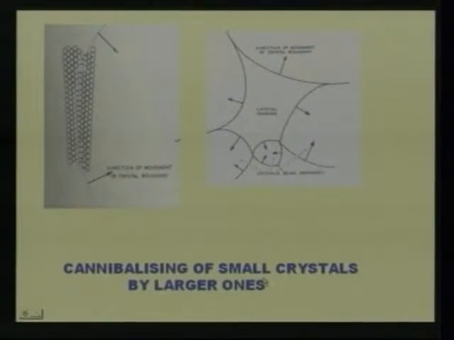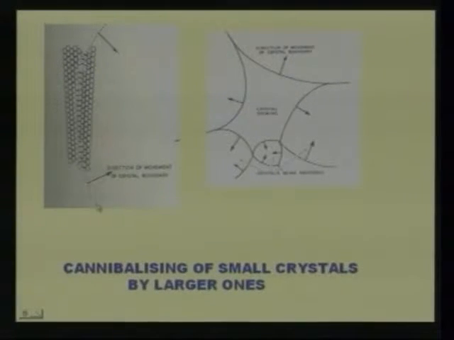Now, let us see the cannibalizing of small crystals by larger ones. How is this cannibalizing? Assume these are the crystals between the boundaries. You can see the curvature of the line between the crystals.